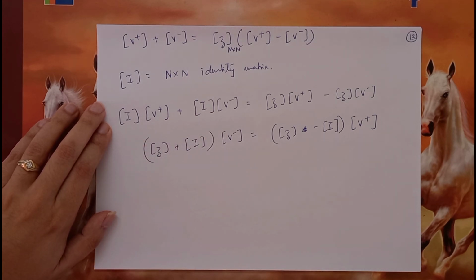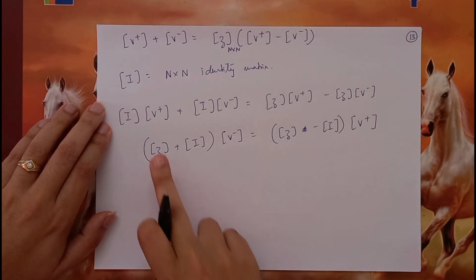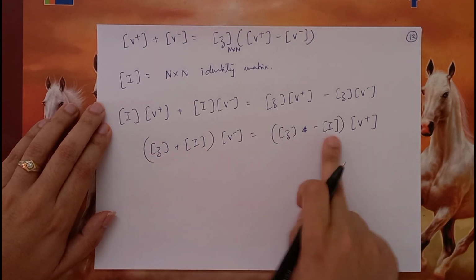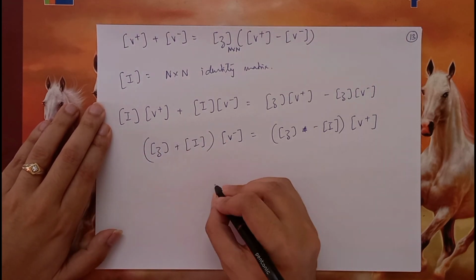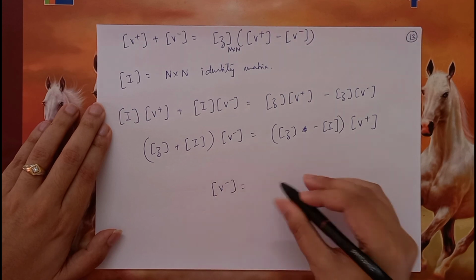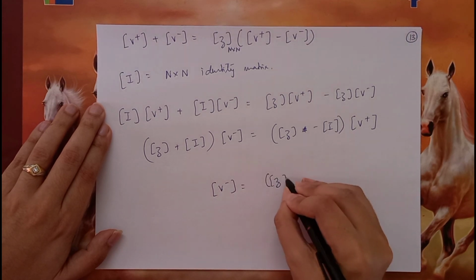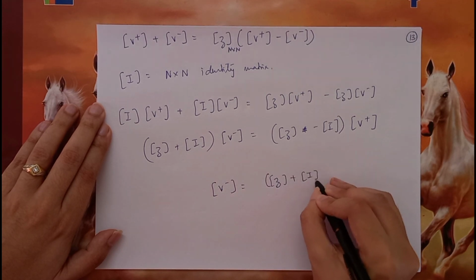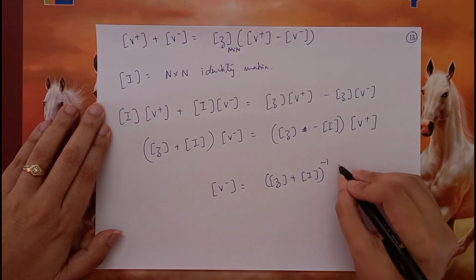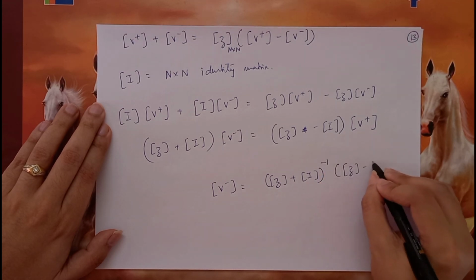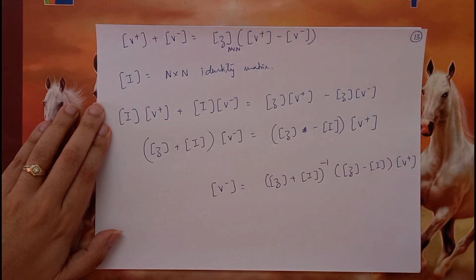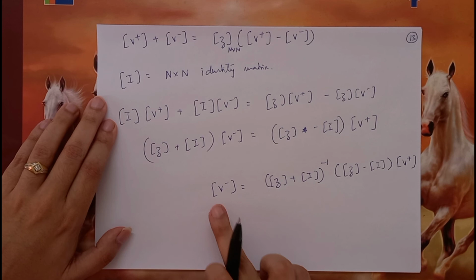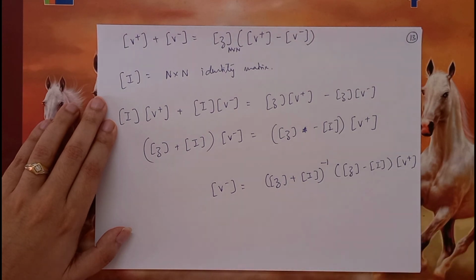As you know, the multiplication of a matrix by its inverse gives you an identity matrix. So if I multiply this whole equation, both sides, by the inverse of this matrix, then what I will get is V minus will be equal to something times V plus.